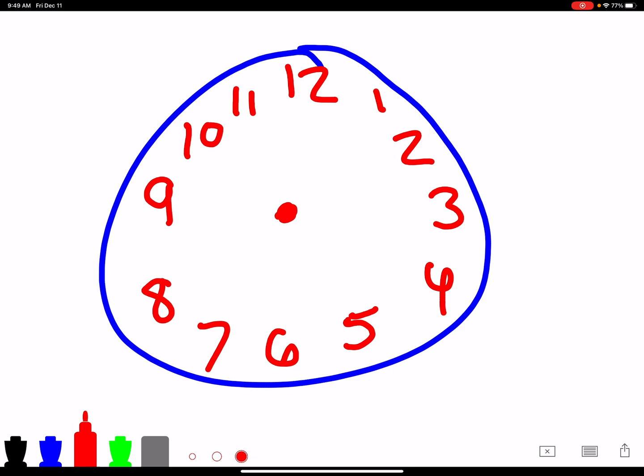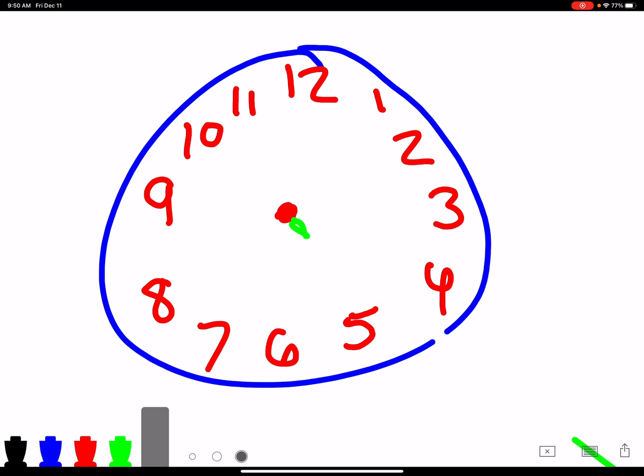So if you see in the clock, there's 12 numbers, and how many hands are on the clock? There's 2 hands, and the short hand usually represents the hour. So you see a short hand. Oh, that was definitely not a short hand. Well, we're going to pretend this is the minute hand.